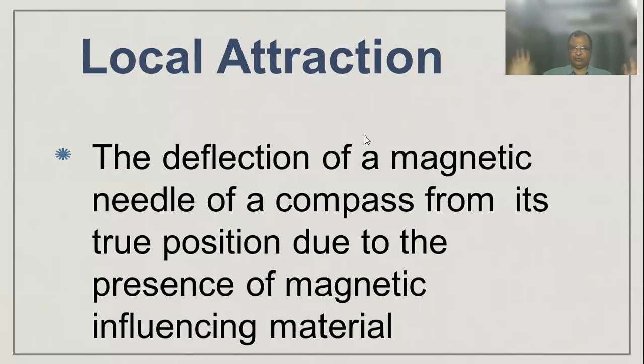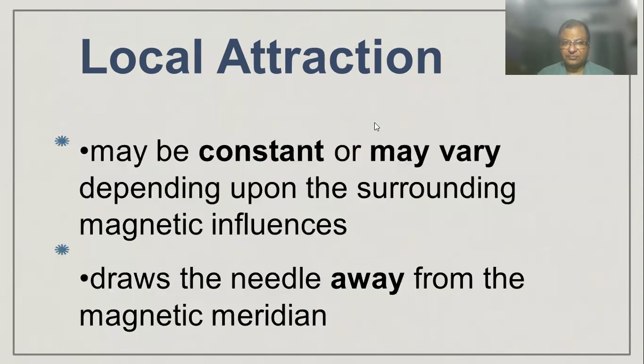Now, local attraction, in the definition: the deflection of the magnetic needle of a compass from its true position due to the presence of magnetic influencing material, which may be constant or may vary depending upon the surrounding magnetic influence.